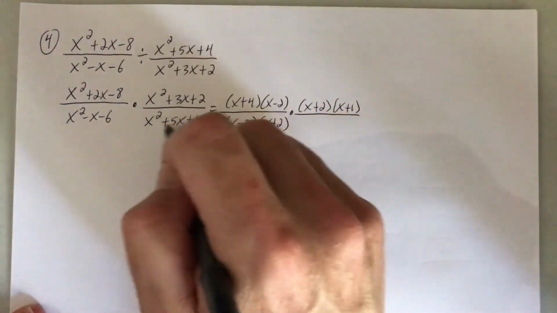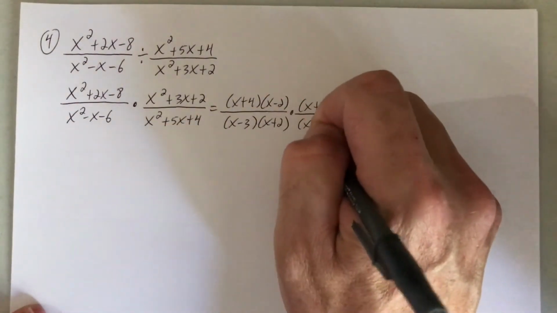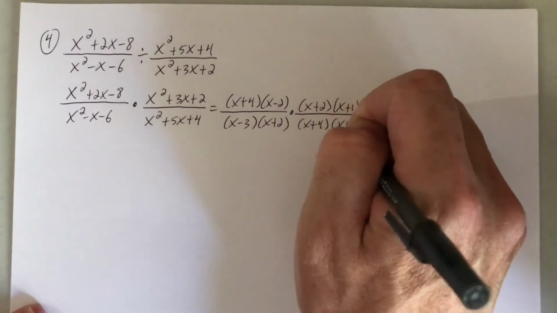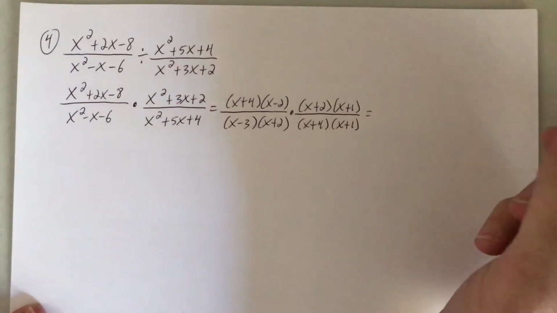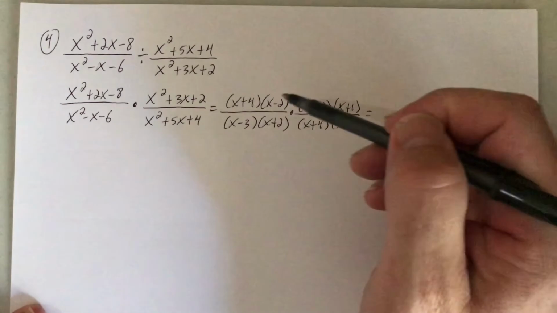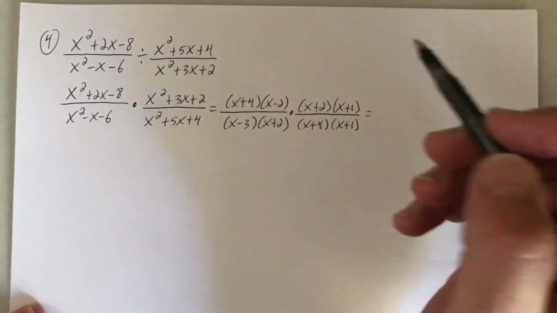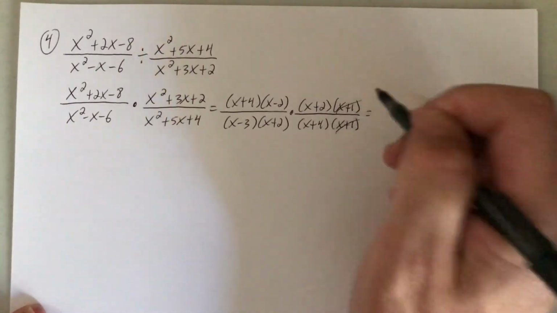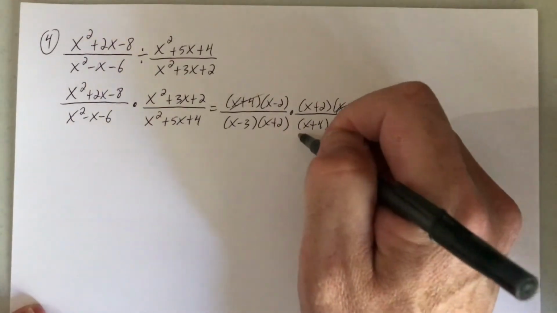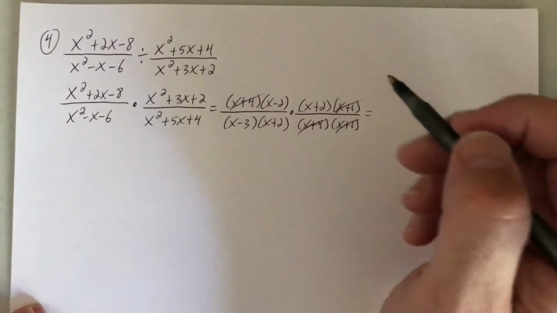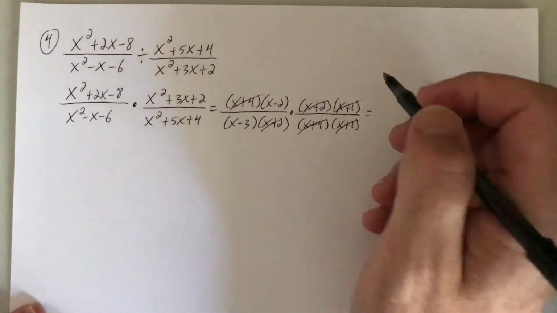And then when I factor this here, that's going to be x plus 4 times x plus 1. So now we're going to go ahead and look to see if we can cancel or reduce. So I have an x plus 1 and an x plus 1, x plus 4 and x plus 4, and then I got an x plus 2 and an x plus 2.